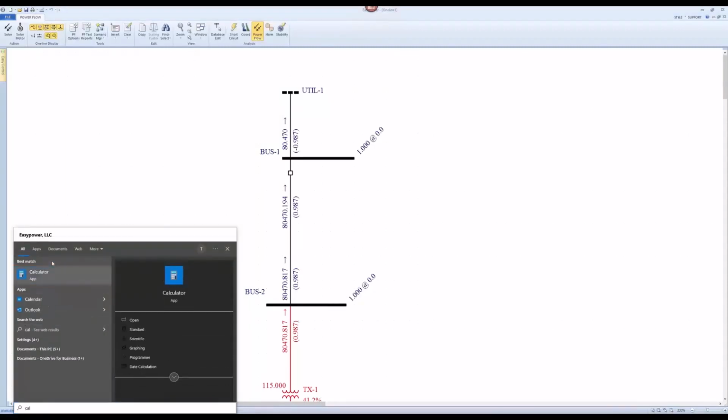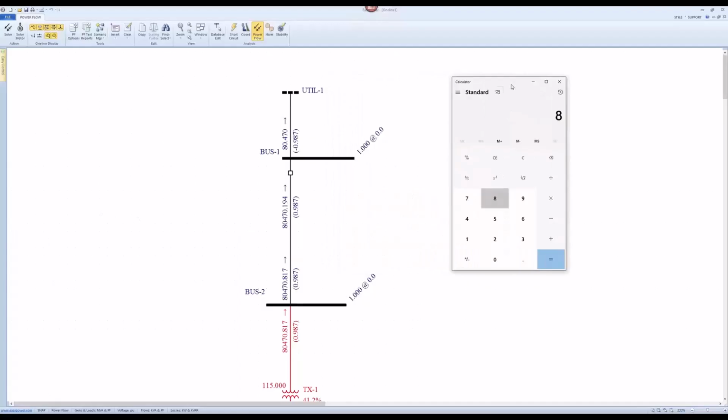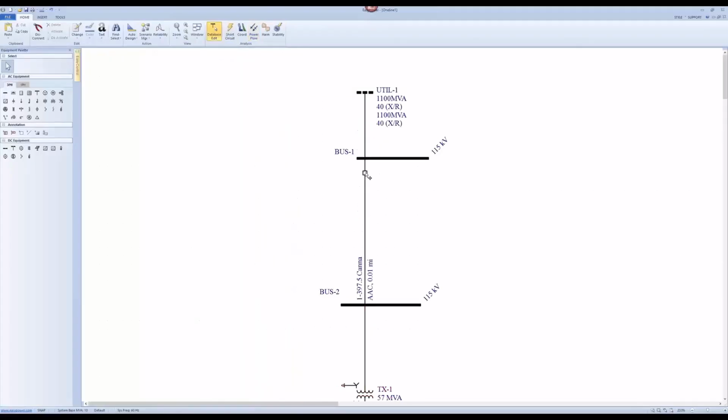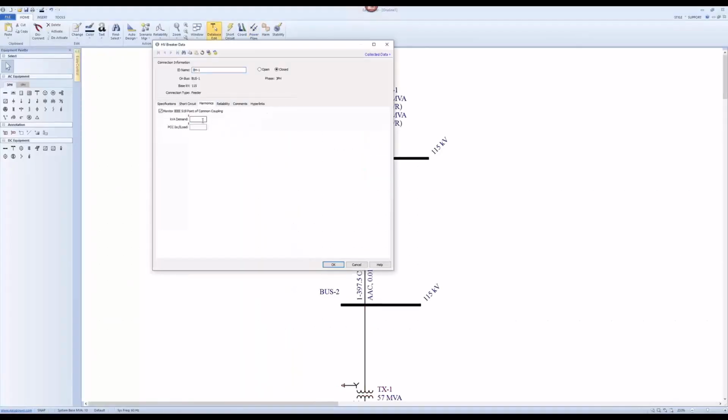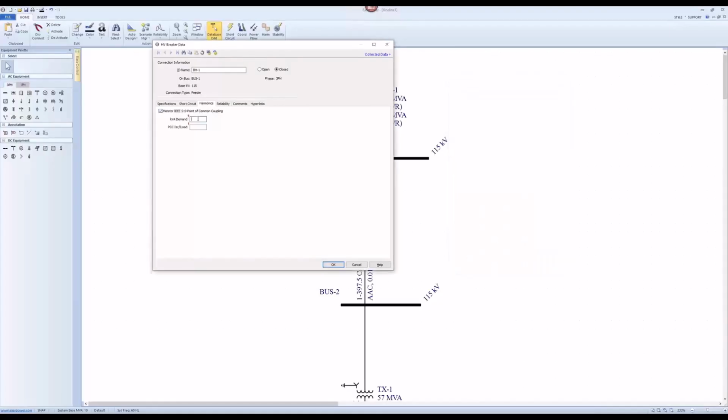Calculator. 80470. Okay. So what's next? That's my kVA demand. I have to go back to this edit. Click on this. Harmonics kVA demand is 80 megawatt, 80 MVA, right?